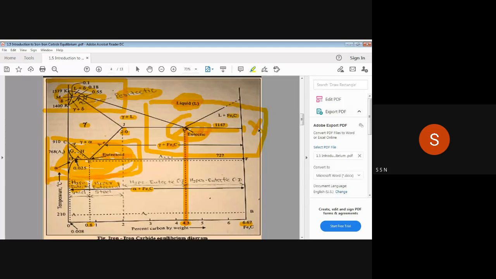So for this horizontal line, again you can apply lever rule to get the percentage of two different solids. कारण दोन सॉलिड मिळत आहेत. हा पहिला सॉलिड कुठला आहे, गॅमा ॲस्टेनाइट या J पॉइंटला. X पॉइंटला दुसरा सॉलिड कुठला आहे, Fe3C, तो आहे सिमेंटाइट. मग सिमेंटाइटचं पर्सेंटेज किती अँड गॅमाचं पर्सेंटेज किती, दॅट वी कॅन फाइंड आउट बाय युजिंग अगेन लिव्हर रूल.